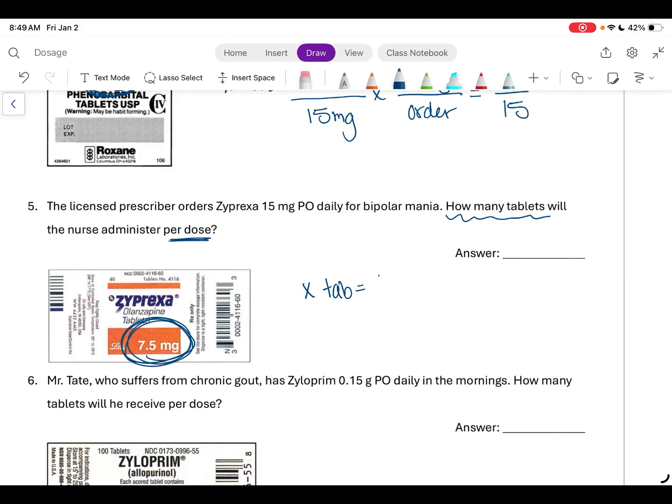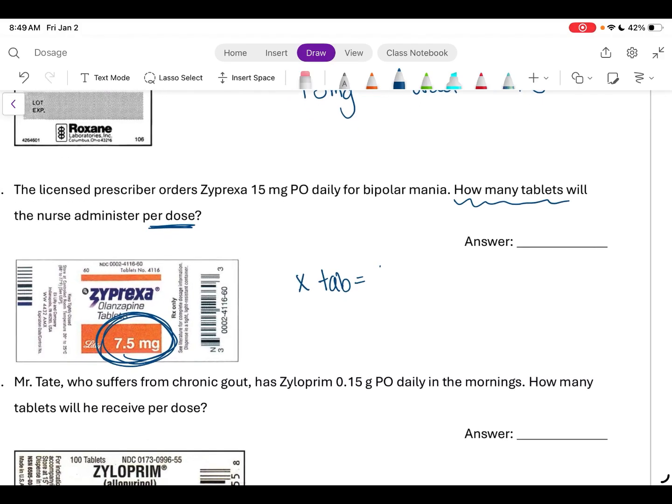So one tab, 7.5. Multiply by our order. And 15 divided by 7.5 is 2 again.